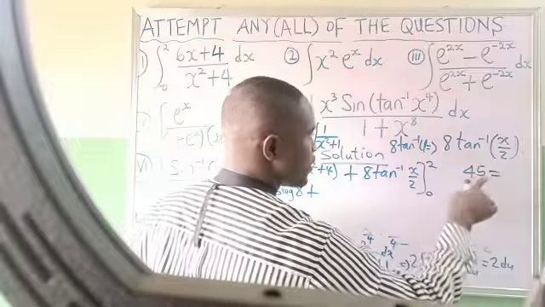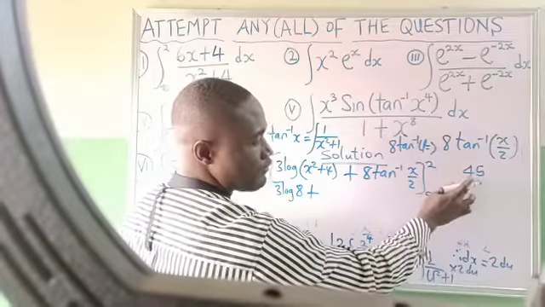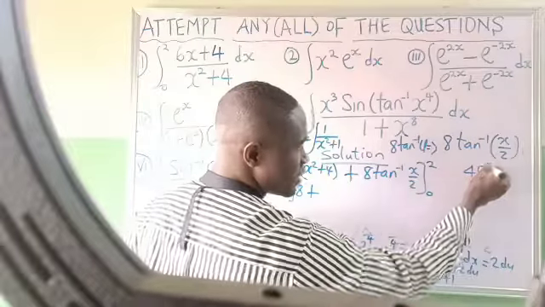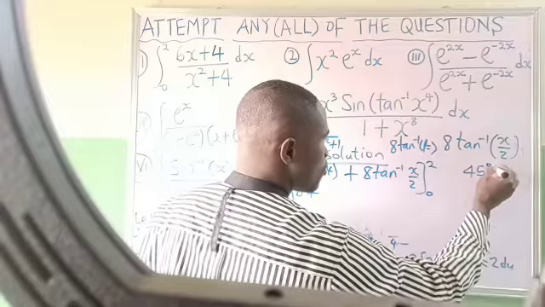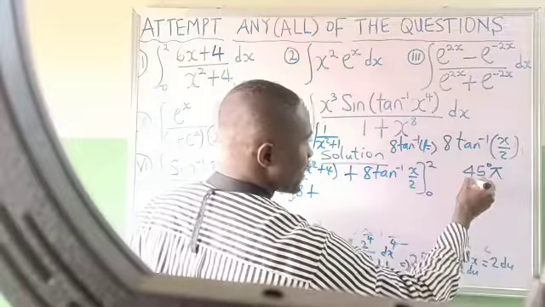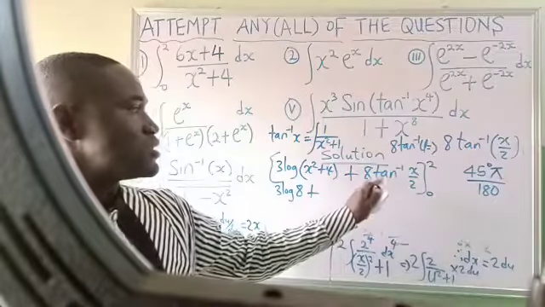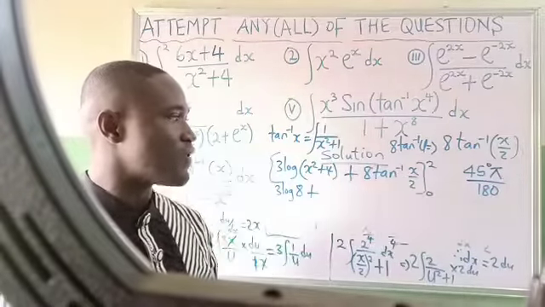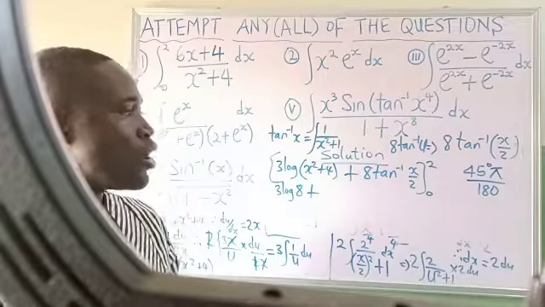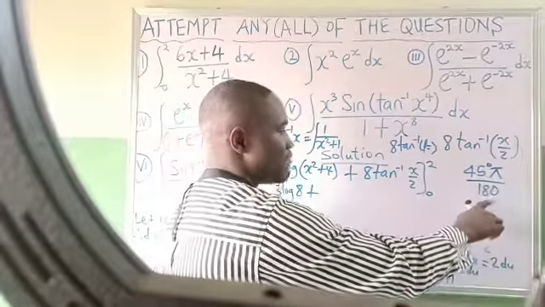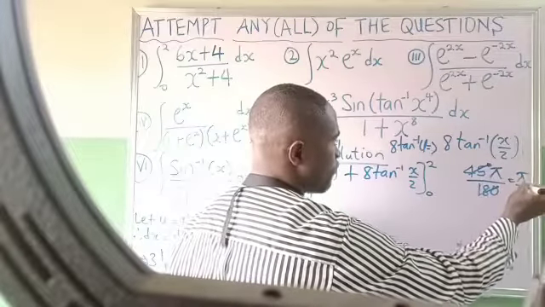That is 45 degrees. To convert degrees to pi radian, you multiply by pi and divide by 180. This will give you pi over 4.